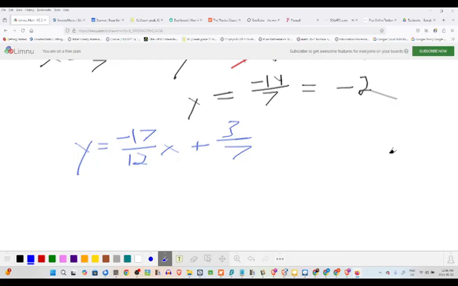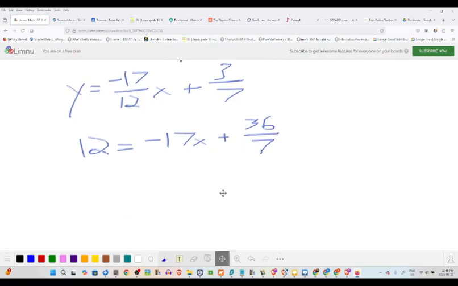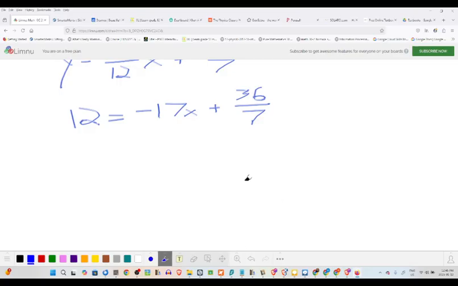It's our ax plus by equals c form. Let's start multiplying everything by 12. There's no cancellations with the 7. We have this. Now, let's multiply everything by the 7.